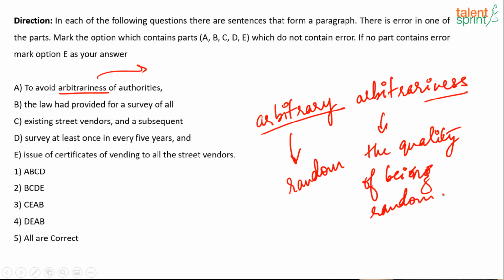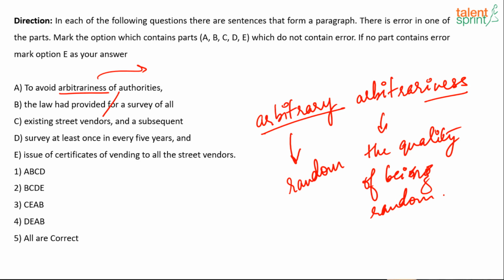Alright, so to avoid that, the law had provided for a survey of all existing street vendors and a subsequent survey at least once in every 5 years, and issue of certificates of vending to all the street vendors.